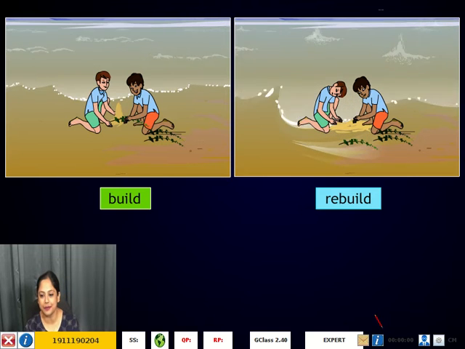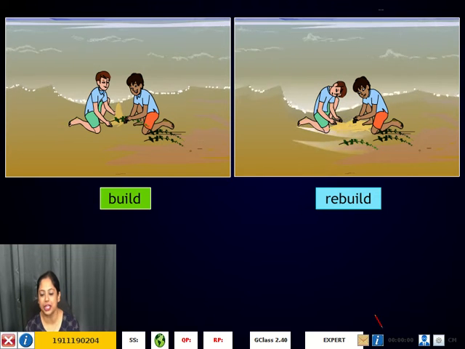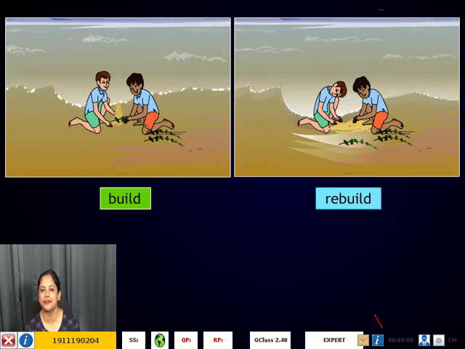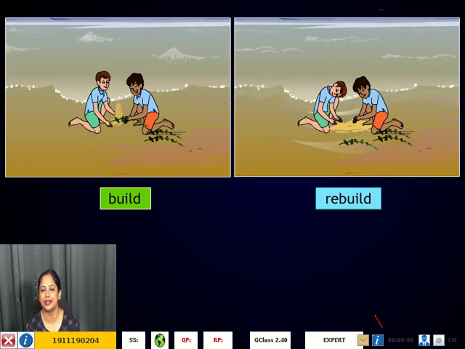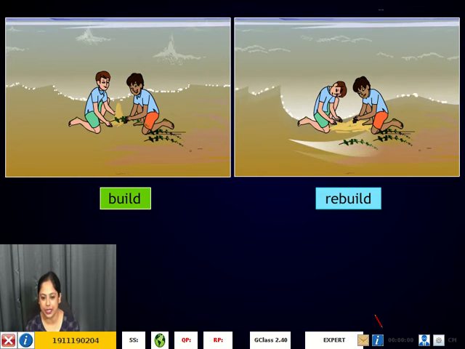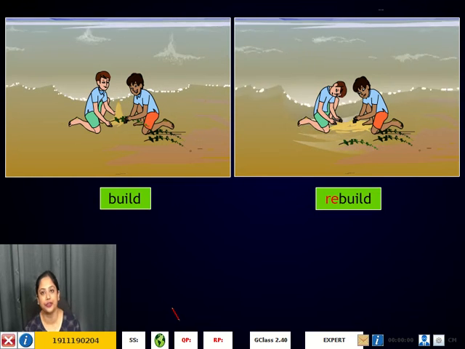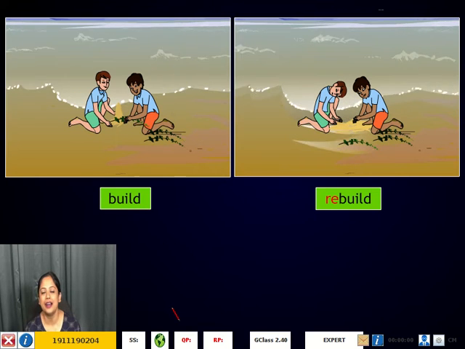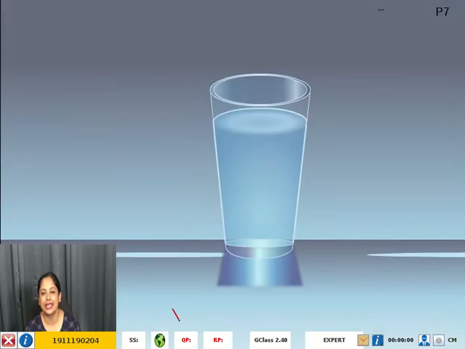Building means building up something from scratch. Rebuilding means putting everything together and rebuilding the entire sand house. So something which we need to redo. The letters we use here are R and E.